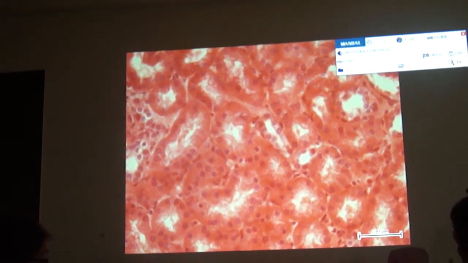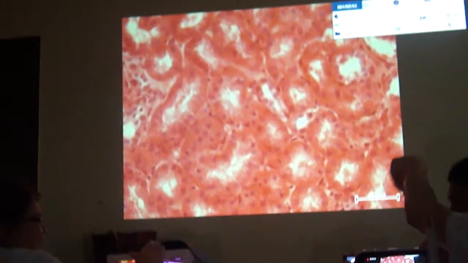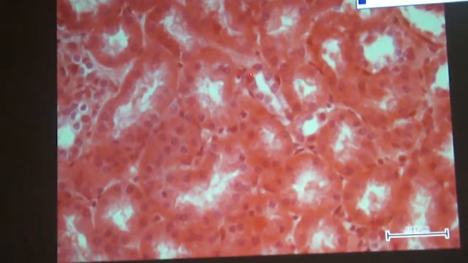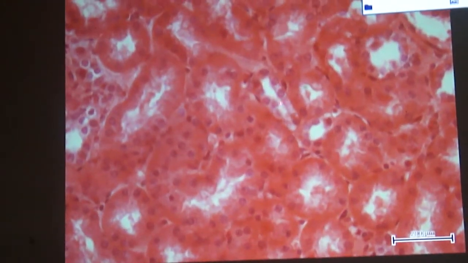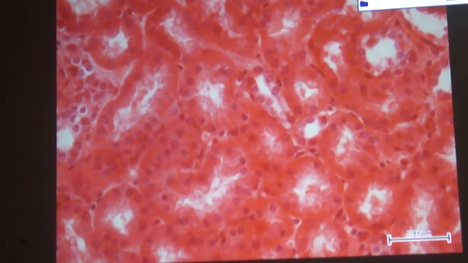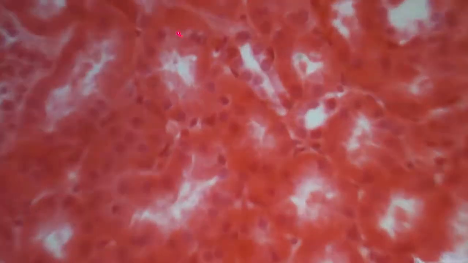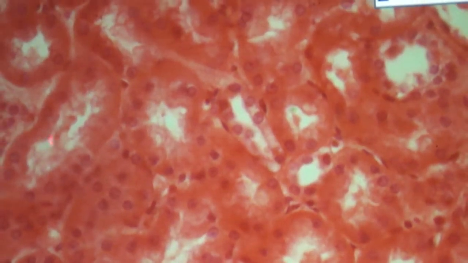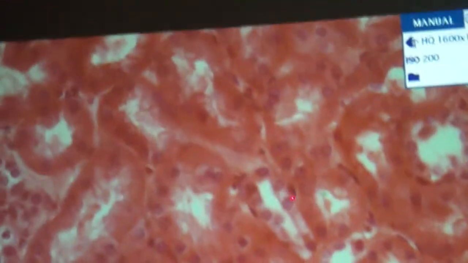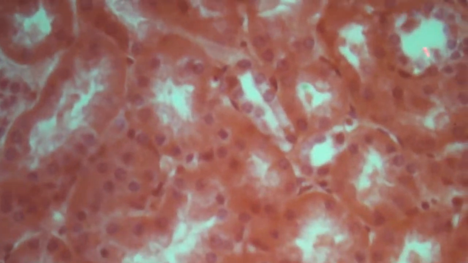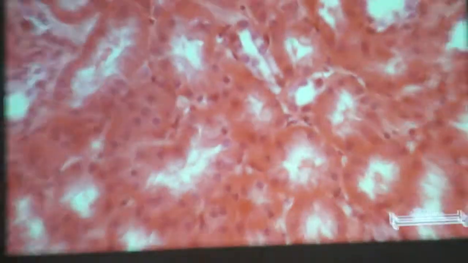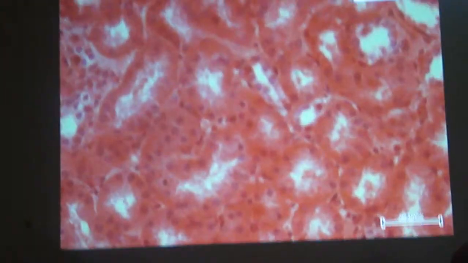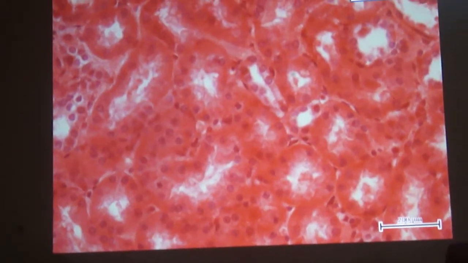Okay, so that tubule is a distal segment of the renal tubules. And then adjacent to it is the proximal. Okay, another proximal, distal. There are two characteristics by which the two can be identified and differentiated from each other.